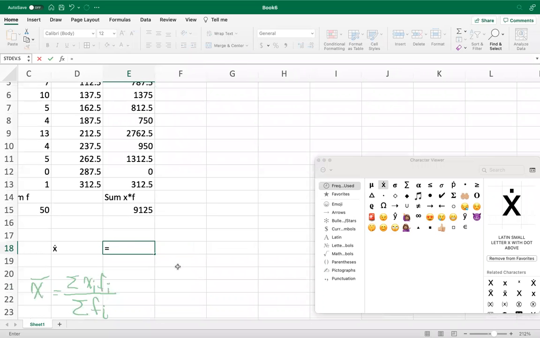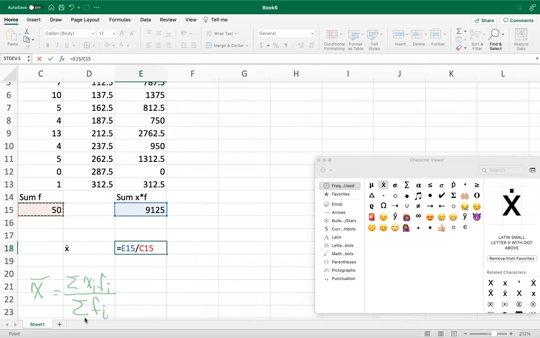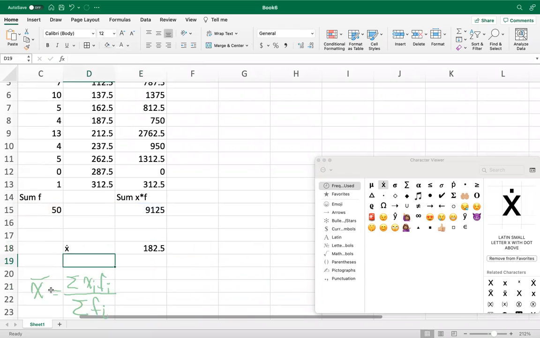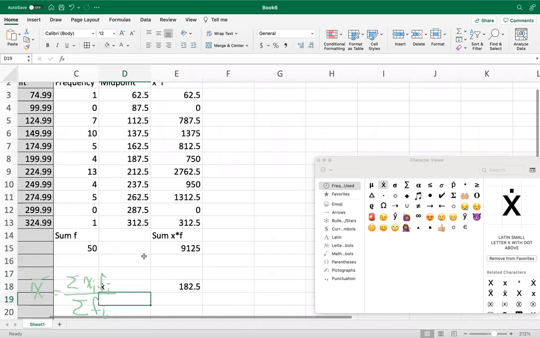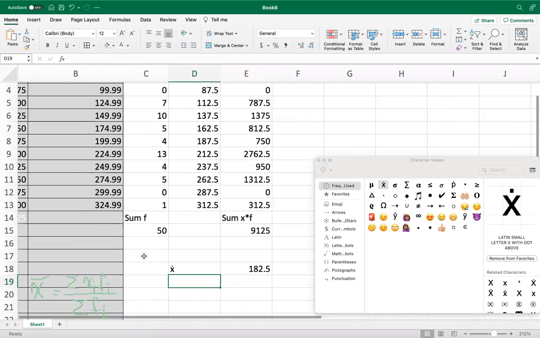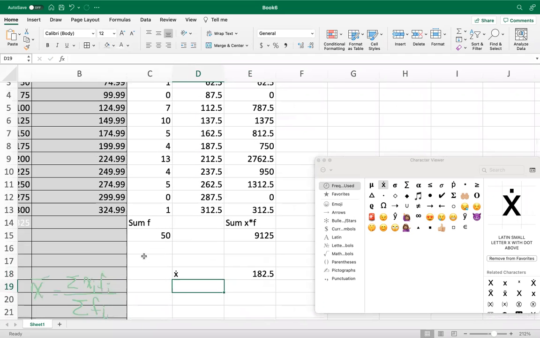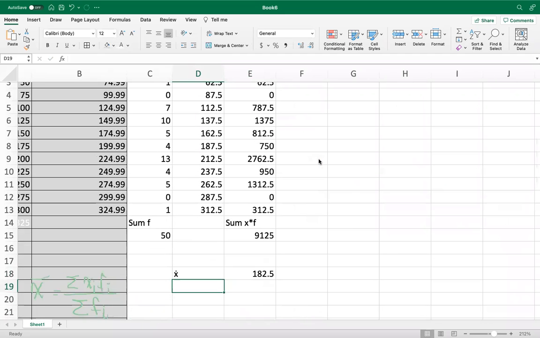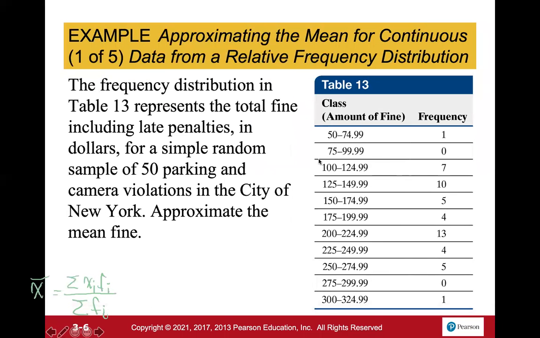Okay. So X bar is equal to the sum of the products divided by the sum of the frequencies. So sum of products divided by the sum of frequencies. And there we go, 182.5. That ends up being our sample mean of the fines that we collected, or the data that we collected from the fines.